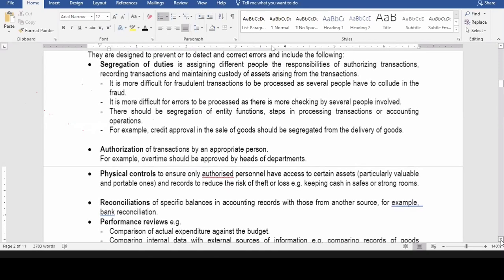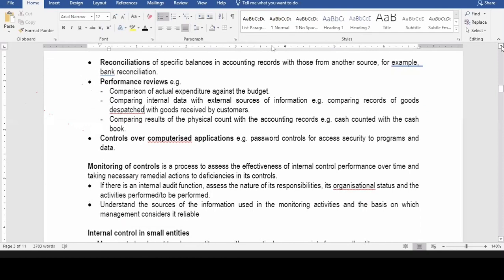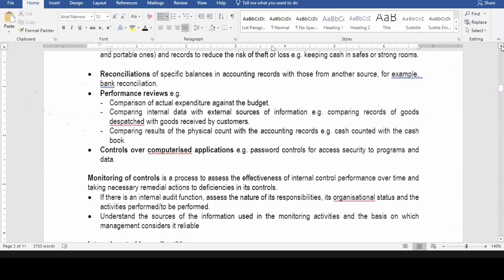And of course, lastly, monitoring. You may have a good board, a good risk assessment system, a good information system, and good control activities, but we must monitor how the entity is being run. That's why monitoring of activities is important.